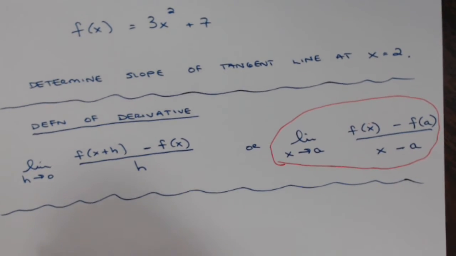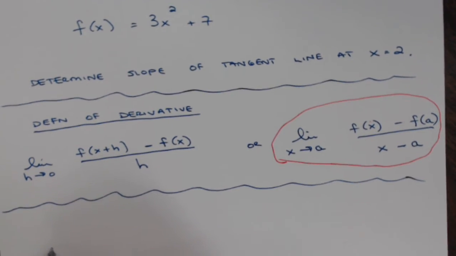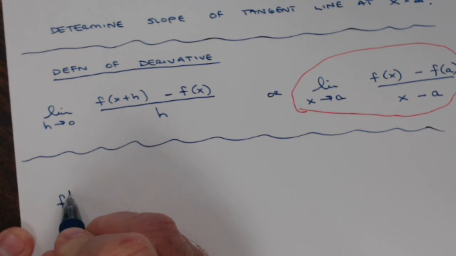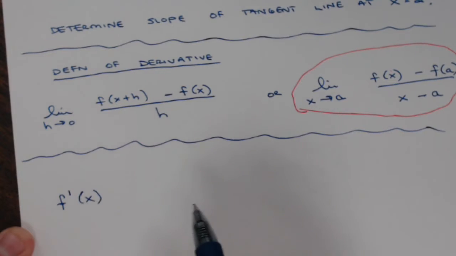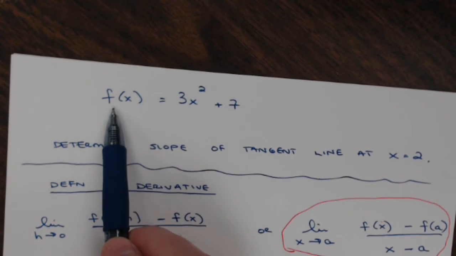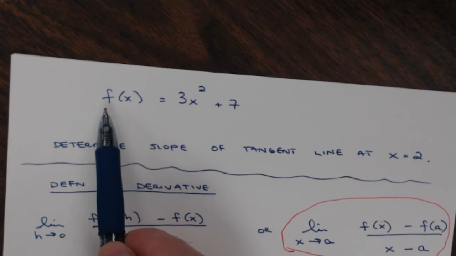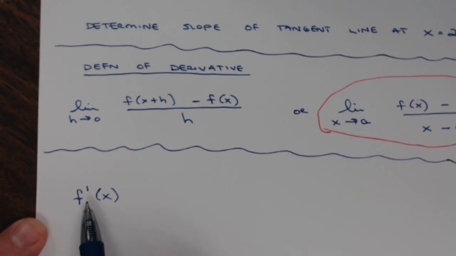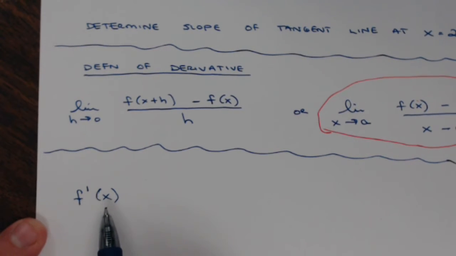Okay, so as I set up the limit, we're going to start to look at the derivative, the slope of the tangent line in this form. So if we're looking at the function f of x, the slope of the tangent line of f is signified with f prime. The way we say this is f prime of x.